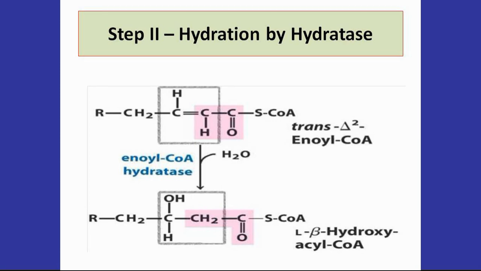You can see in the slides that it is the hydration of the double bond to beta hydroxy acyl coenzyme A. I repeat, it is the hydration of the double bond to beta hydroxy acyl coenzyme A. Moreover, the enoyl coenzyme A formed earlier undergoes hydration by the enoyl coenzyme A hydratase enzyme, which brings about the hydration of the double bond here to form the beta hydroxy acyl coenzyme A.